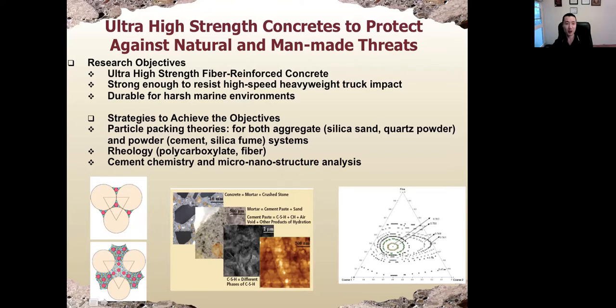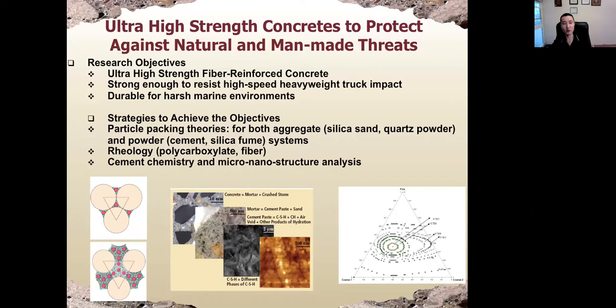The goal is to design ultra high strength concrete. We also use fibers to make it tougher and more durable. It should be strong enough to resist an impact of a high-speed heavyweight truck. We do some impact tests, which I will show you in a moment.